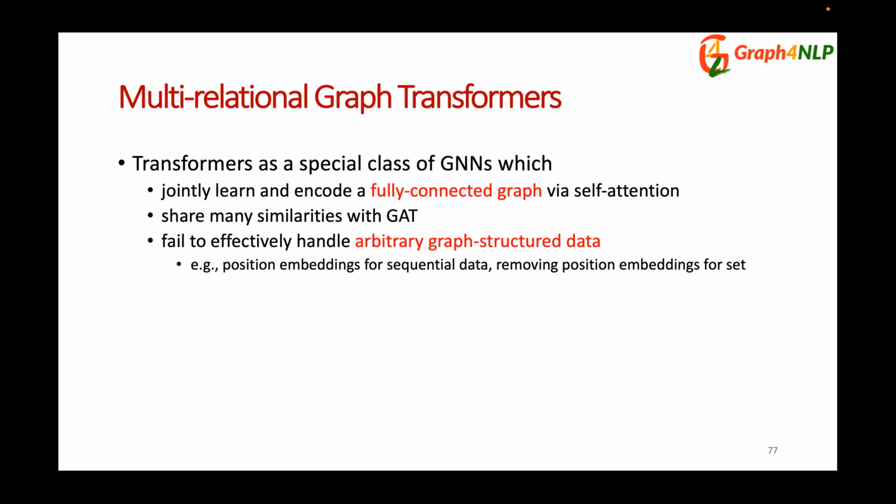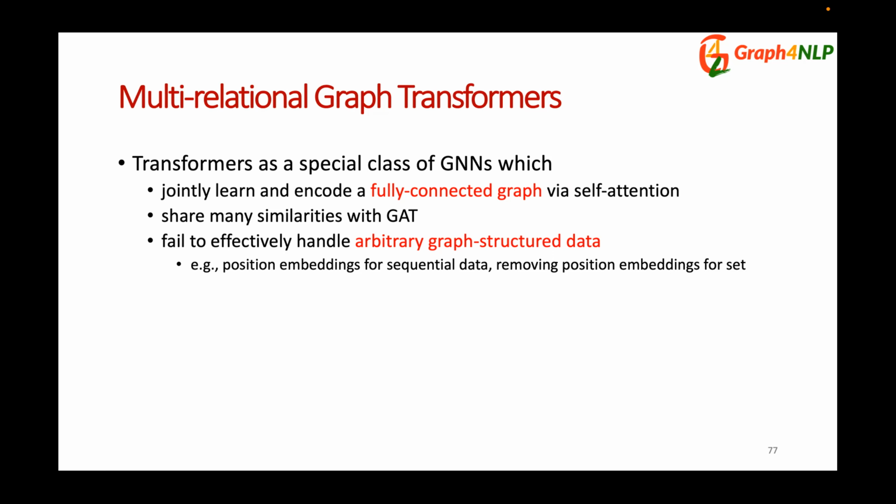However, the transformer models fail to effectively handle arbitrary graph structured data, even though they introduce position embeddings to somehow capture the structural information of the input data.